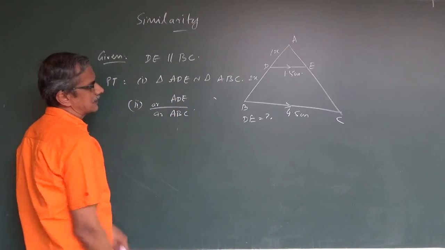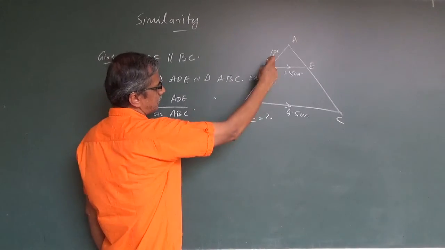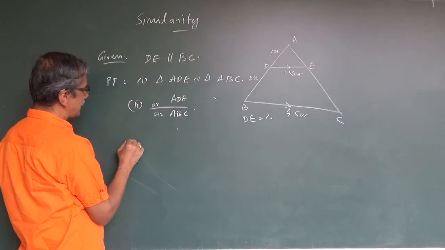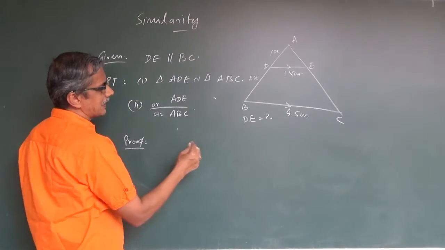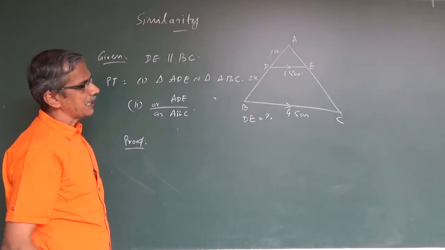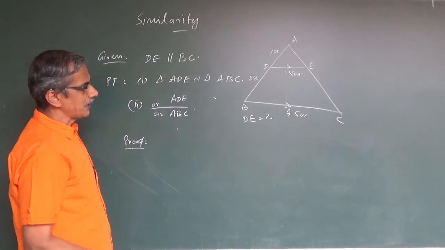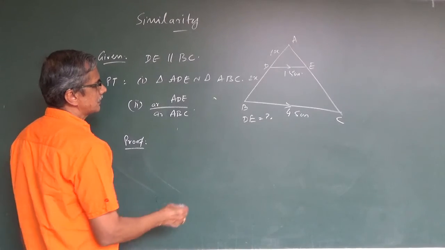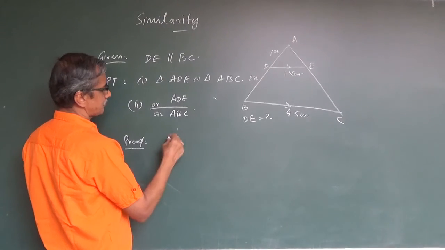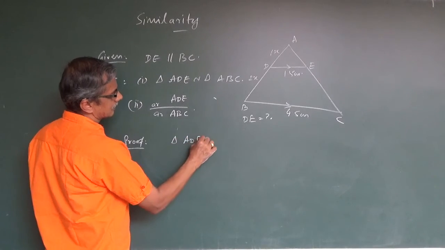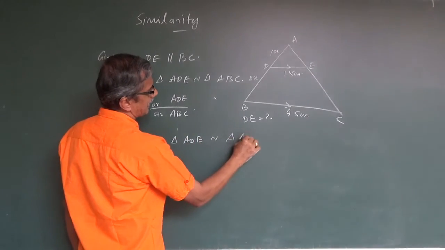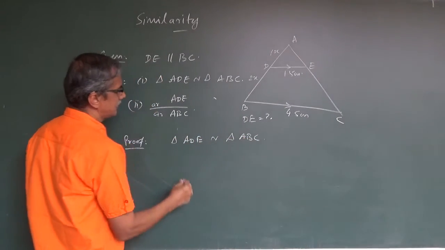We know that in similar triangles the area ratio is equal to the square of the ratio of the sides. Triangle ADE is similar to triangle ABC, already we have proved it.